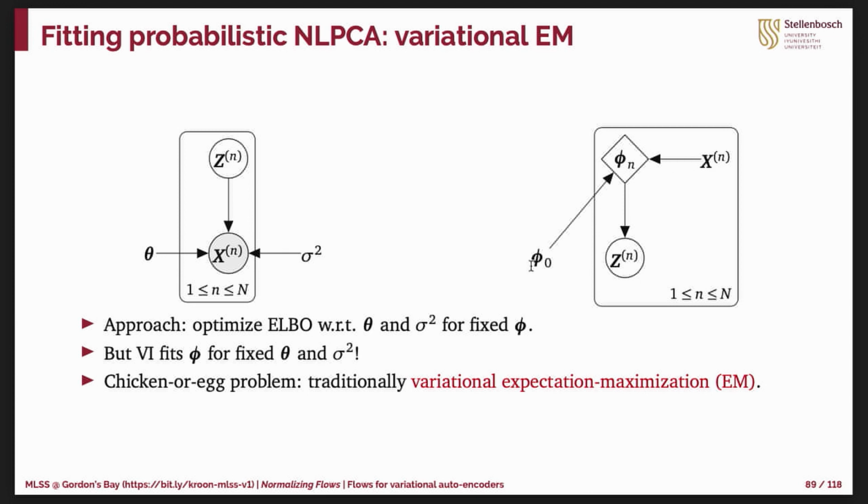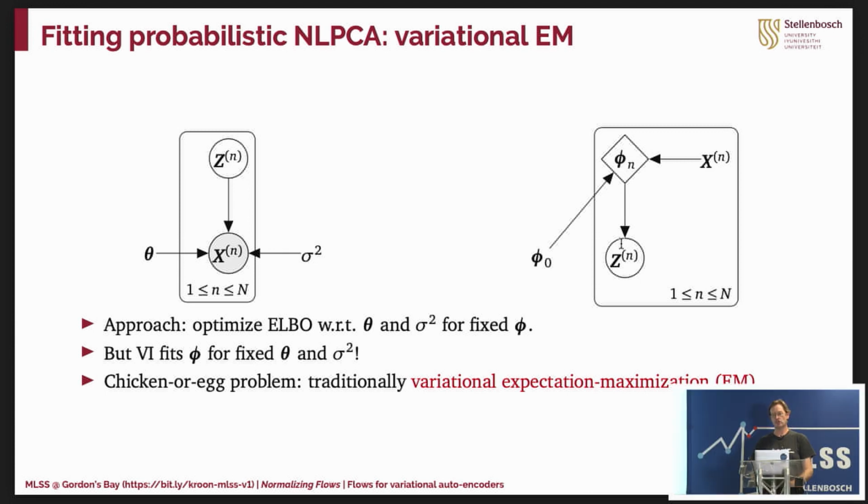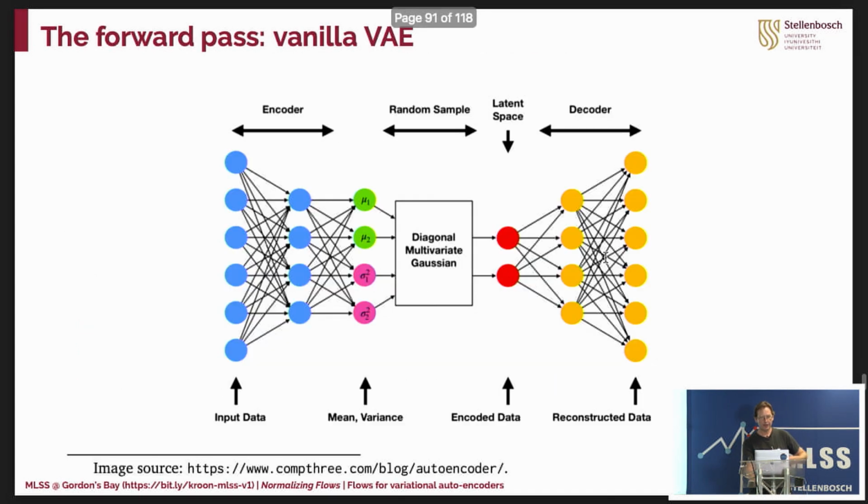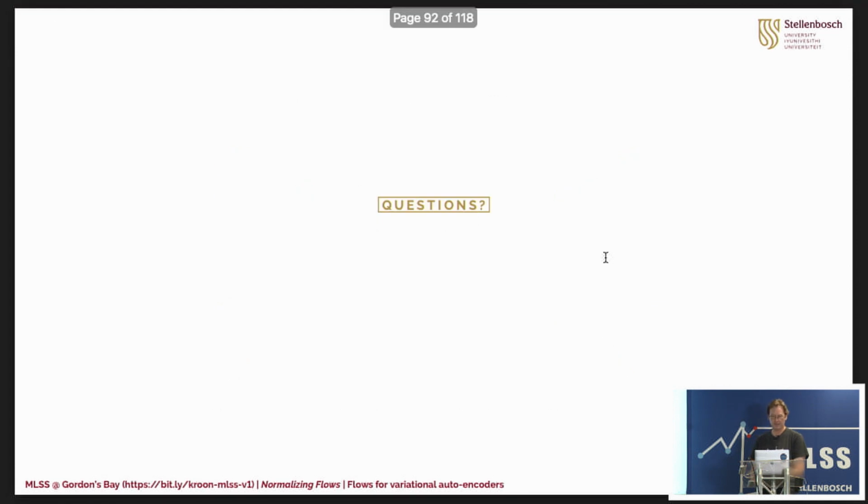Okay, so phi 0 is our encoder network weights that we plug Xn into to get the parameters of the latent variational distribution phi n that we use to sample the latent variable Zn. So that's how all these things hang together. Okay, and this is what it looks like architecturally.